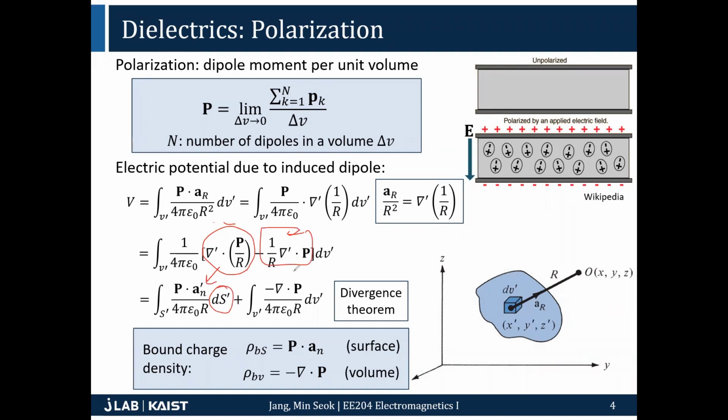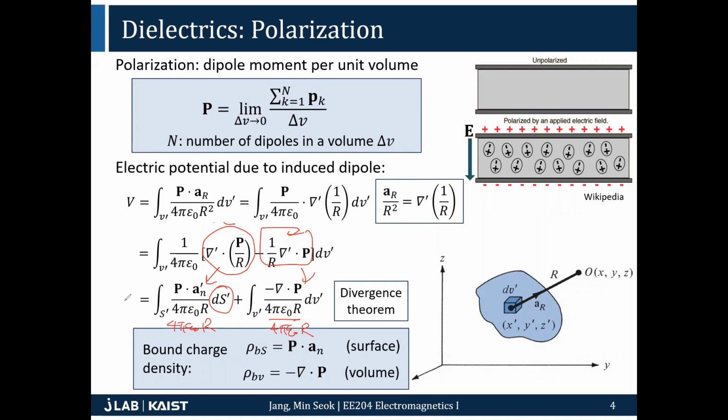And this part, you can just leave as a volume integration. The interesting part is that if you look at the dependence, it's 4 pi epsilon naught R, and this one is also 4 pi epsilon naught R.